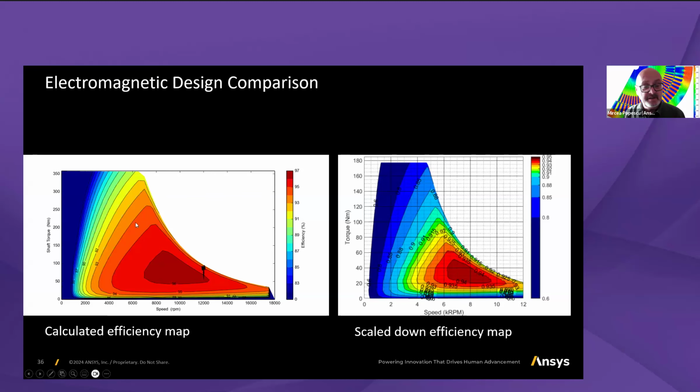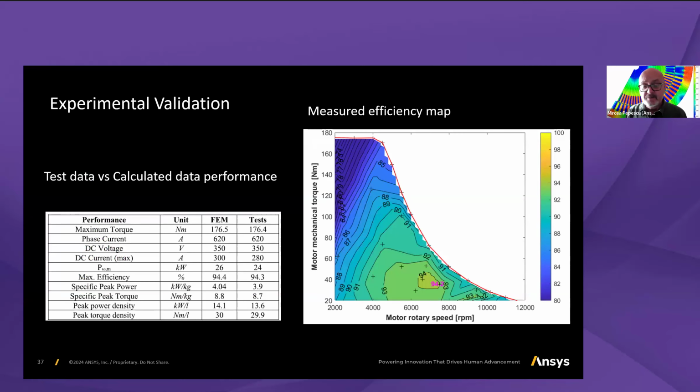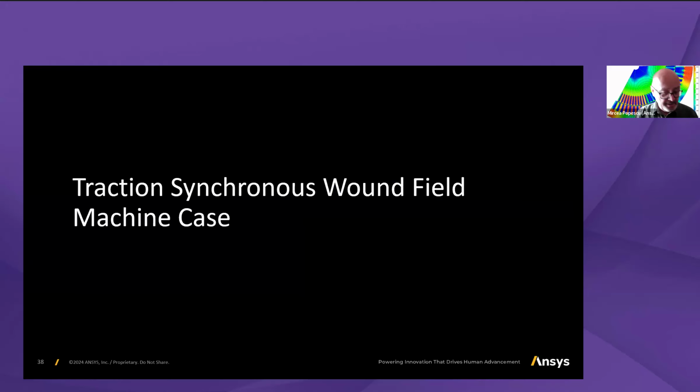On the left-hand side, you have the design for a machine that's supposed to deliver 200 kilowatts output power, while this one was only for 75 kilowatts output power. It was experimentally validated and looking good, with a peak performance around 94% efficiency, the scaled down topology optimization solution.